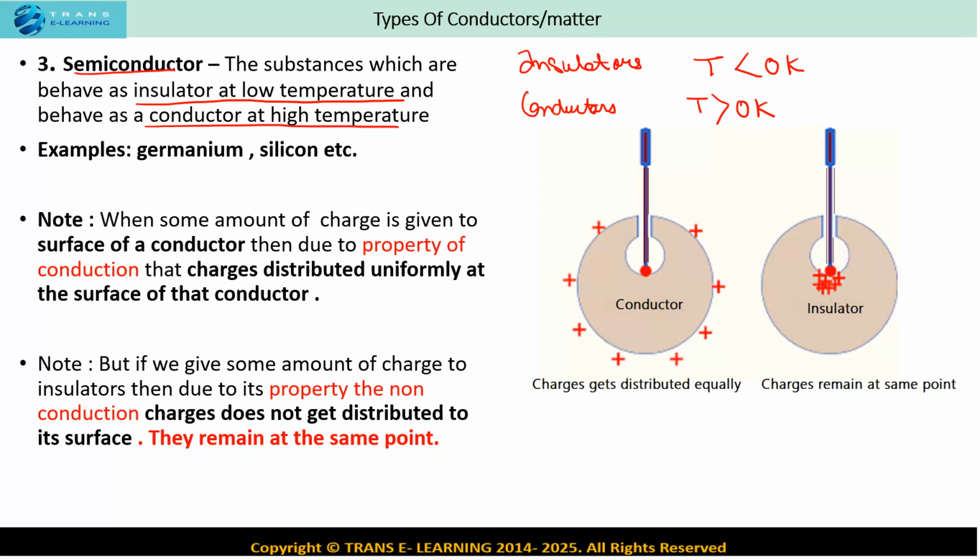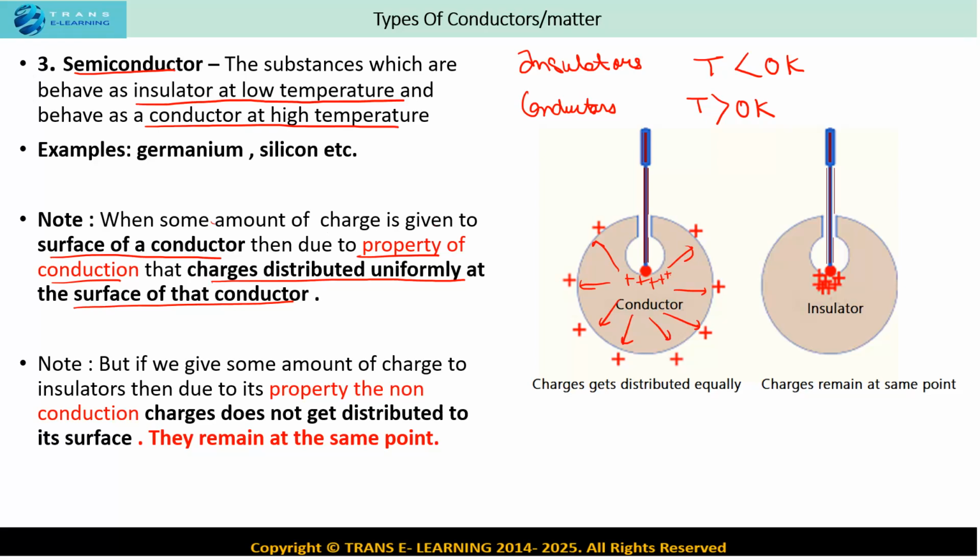Now, here we are talking about the conductors and the insulators. One important point worth noting is that when some amount of charge is given to the surface of a conductor, then due to the property of conduction, that charge is distributed uniformly on the surface of the conductor.